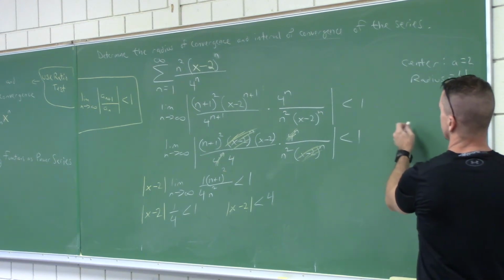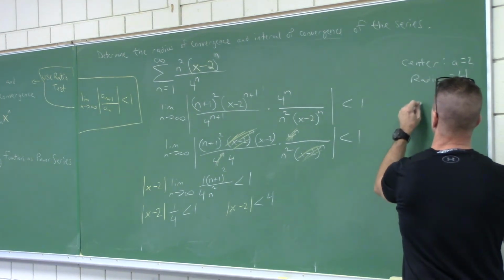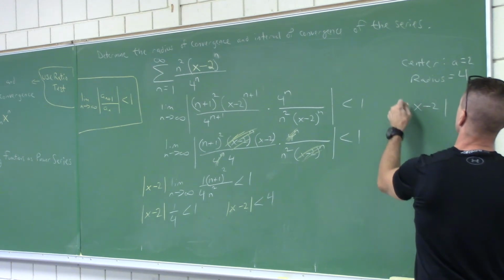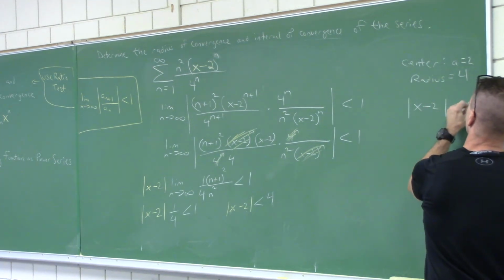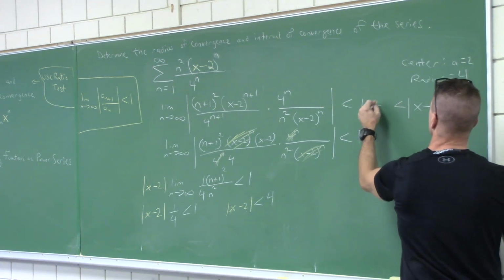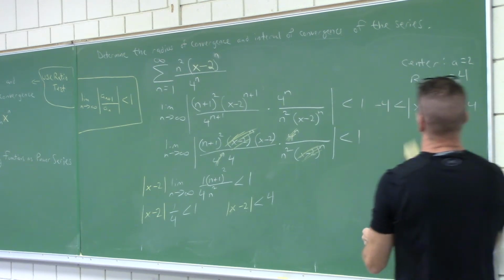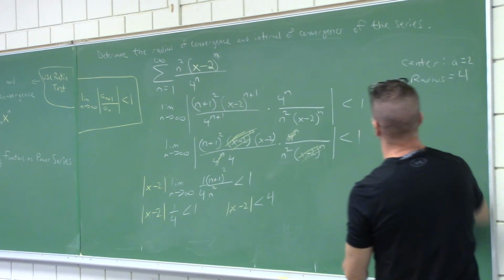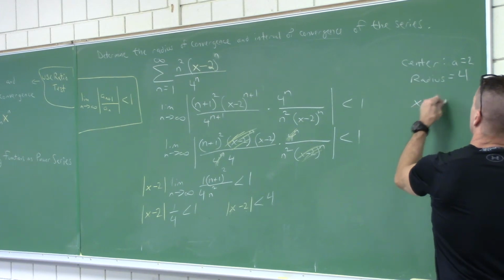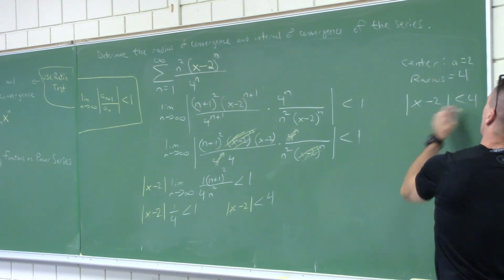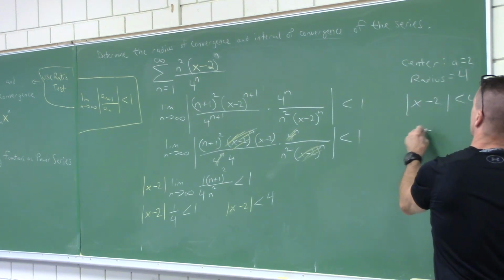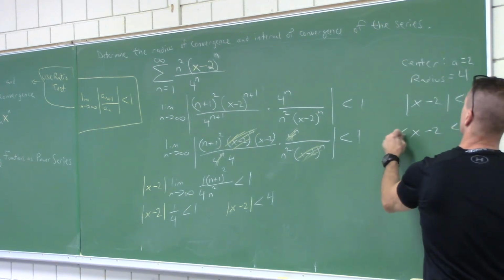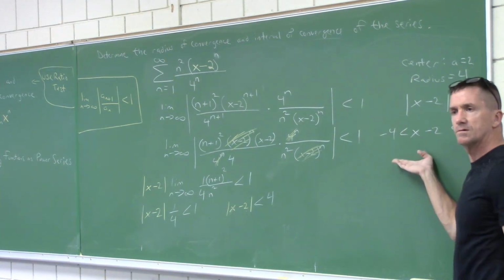What would this look like on a number line? Well, we're going to look at the interval too. Less than 4 and greater than negative 4 is going to be my next step. I don't want to write that yet. Someone help me take these bars off? I pull them off, what goes over here? Negative 4?